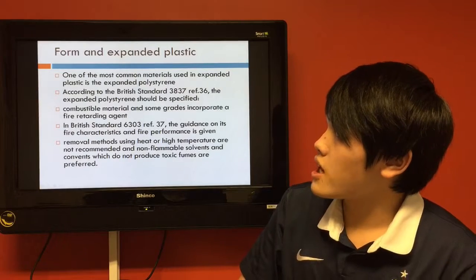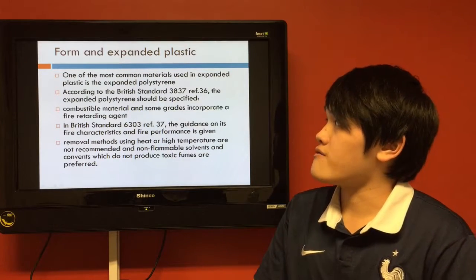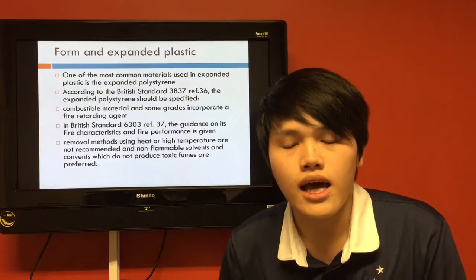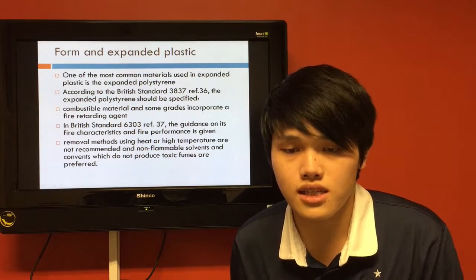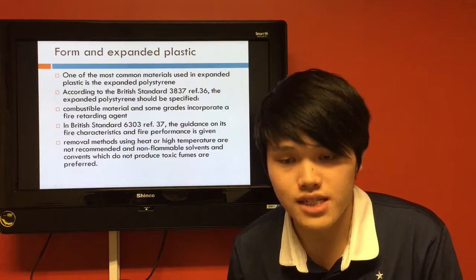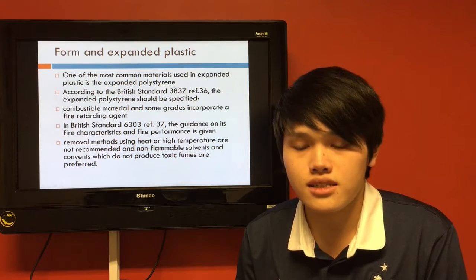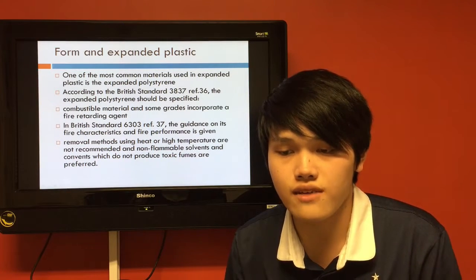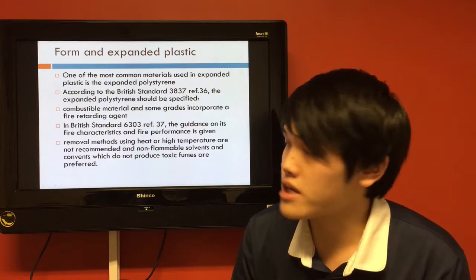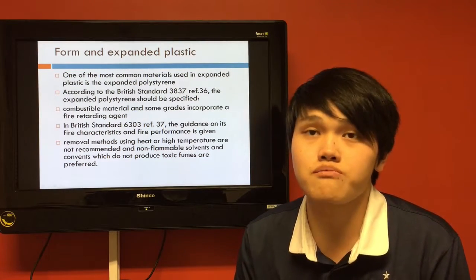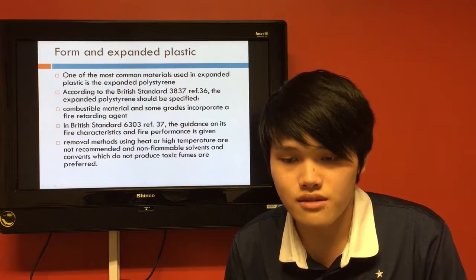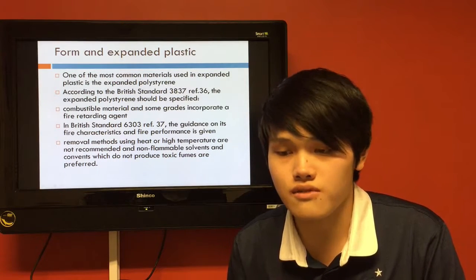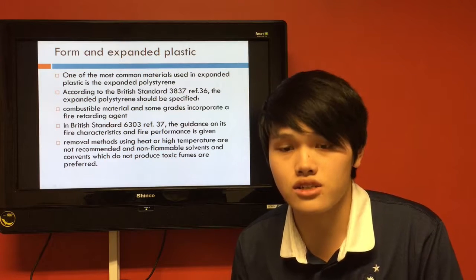And the last type of plastic formwork would be foam and expanded plastic, and one of the most common materials used in expanded plastic is expanded polystyrene. According to British Standard 3837 reference 36, the expanded polystyrene should be specified because of its combustible nature, and some grades incorporate a fire retarding agent.